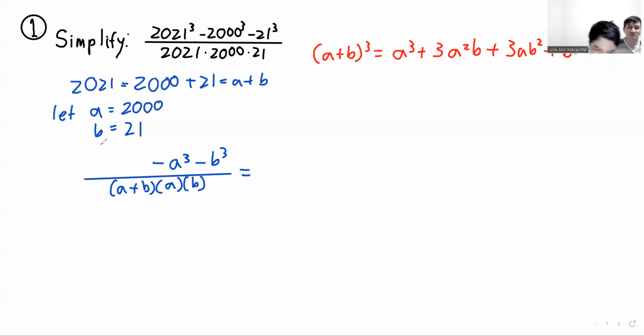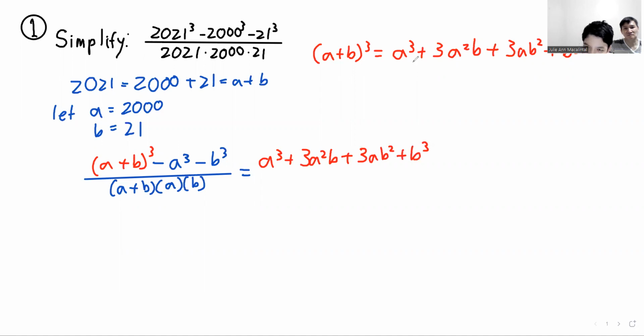That's the beauty of technology, Josh. There you go. And then the bottom will just be simply AB times A plus B, so it will simply be A squared B plus AB squared.